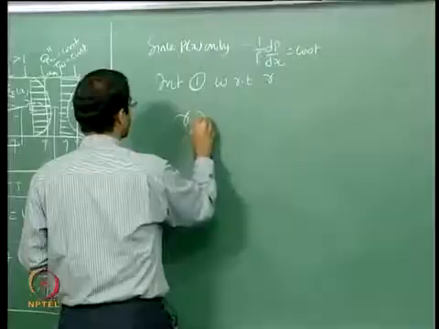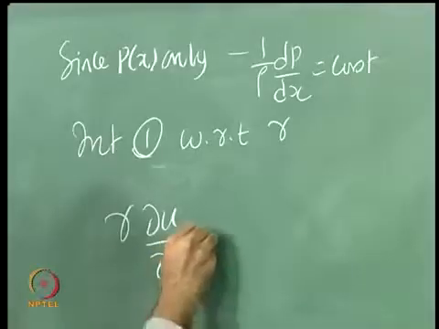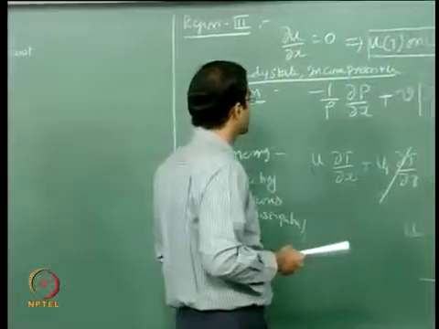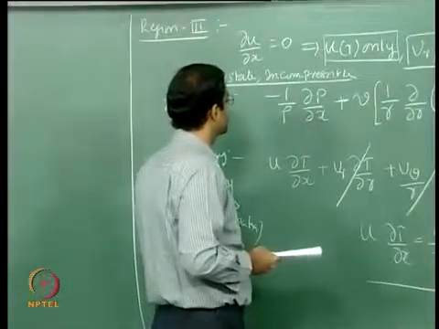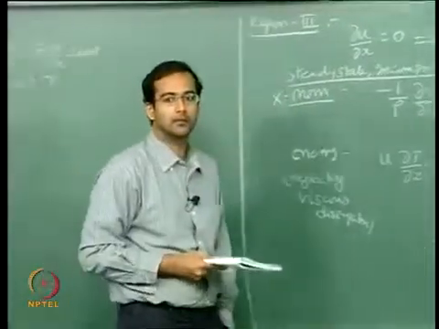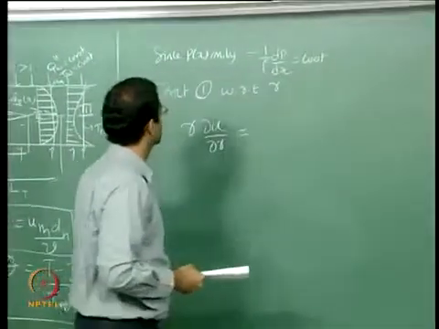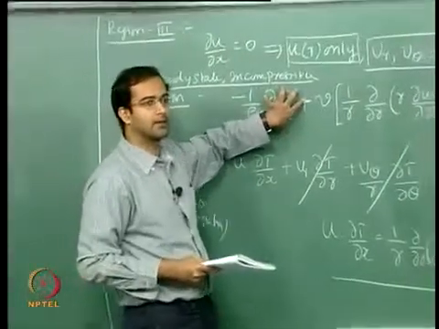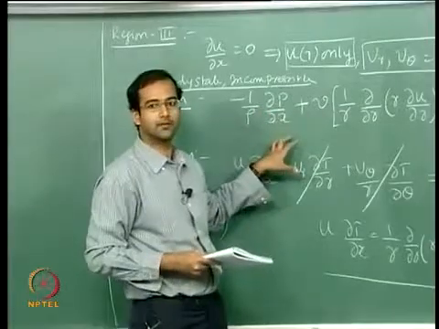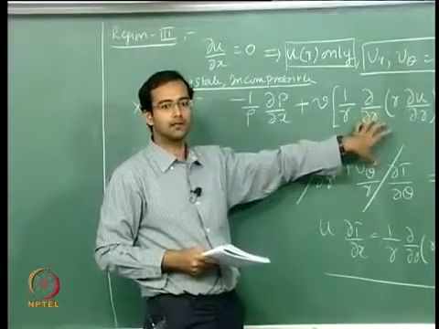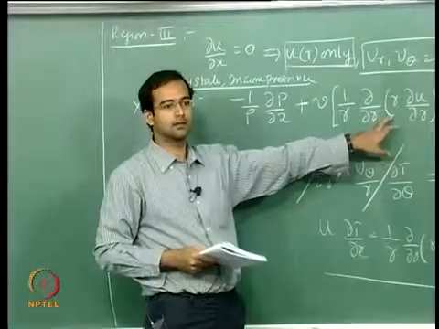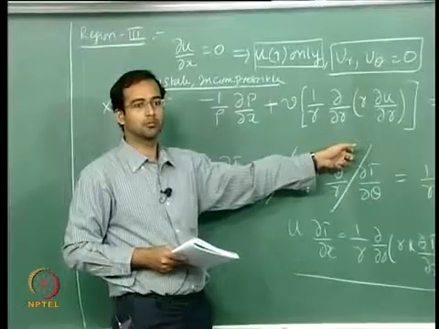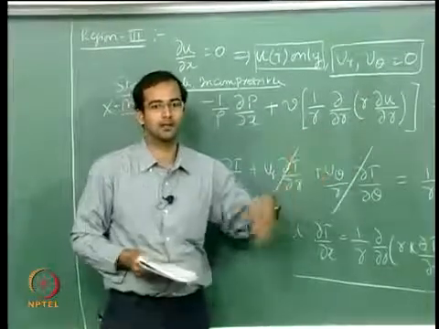So if you integrate once, r du by dr will be, you have to now tell me. Which one? Correct, but dp by dx also has to be a constant, because p is a function of x and this is a derivative with respect to x, this is a derivative with respect to r, and u is a function of r. So these two can be equal only if they are equal to a constant, that is the only possibility.